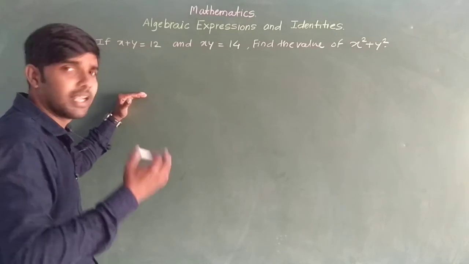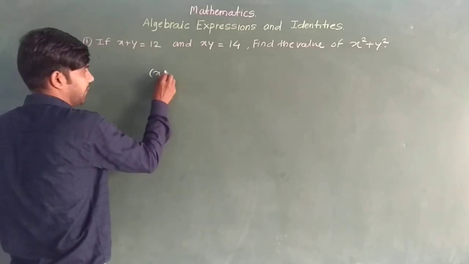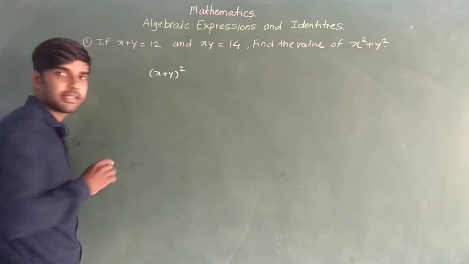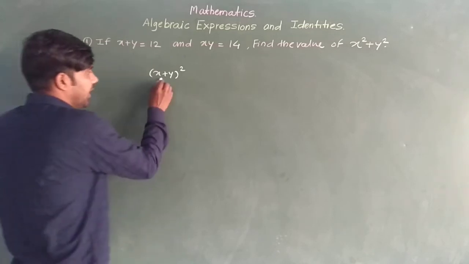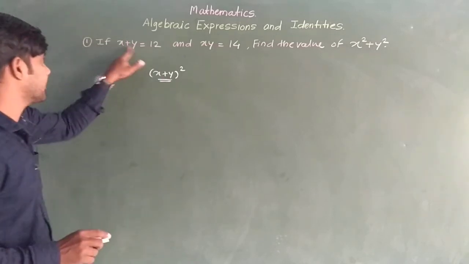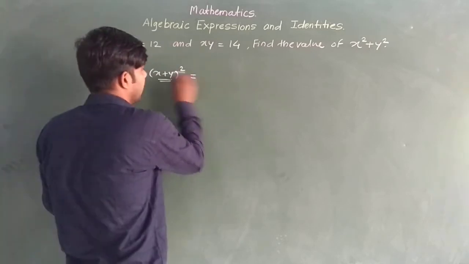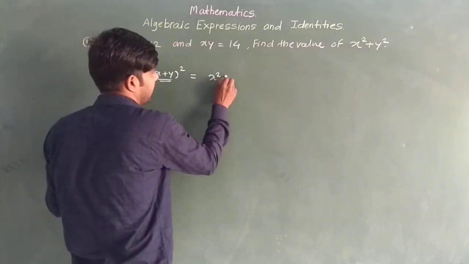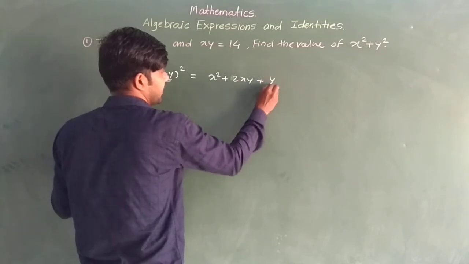We will see the basis of the first identity, that is (x plus y) whole square. Here we get the value of x plus y. (x plus y) whole square is equal to x square plus 2xy plus y square.